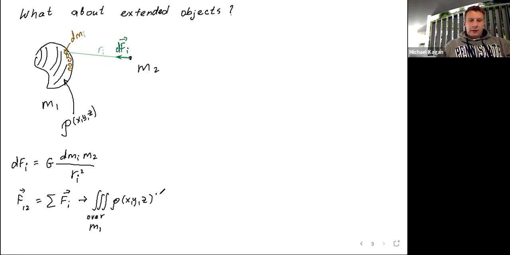I'm putting a vector, and I'll define what that means here. I shouldn't really be calling it F sub i anymore. I should be calling it F of x, y, z, meaning that a dm has some coordinates, and they define the force.